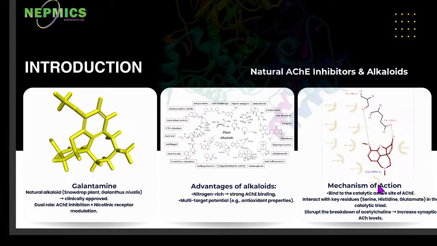then it would be easier to inhibit the activity of acetylcholinesterase, and then the cholinergic neuron will get a temporary communication. The temporary communication will be established between the neurons, and then the cognitive symptoms will be decreased. In this way we can design a drug.